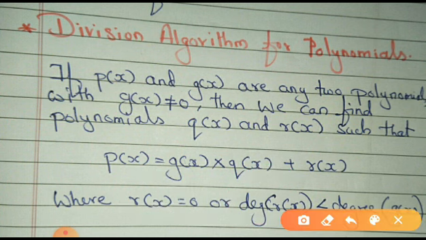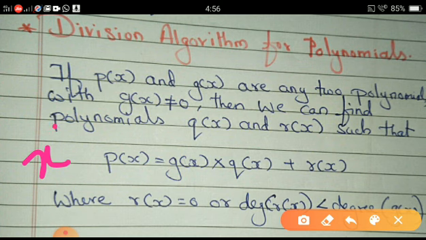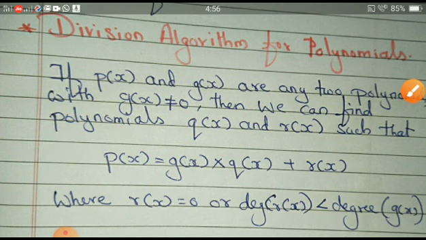That means if I have g of x as x cube plus 1, then in that case the degree of r of x will be either 2, or 1, or it may be equal to 0. That means it will be a 0 polynomial. Understood? Is that clear? So this is the division algorithm for polynomials.